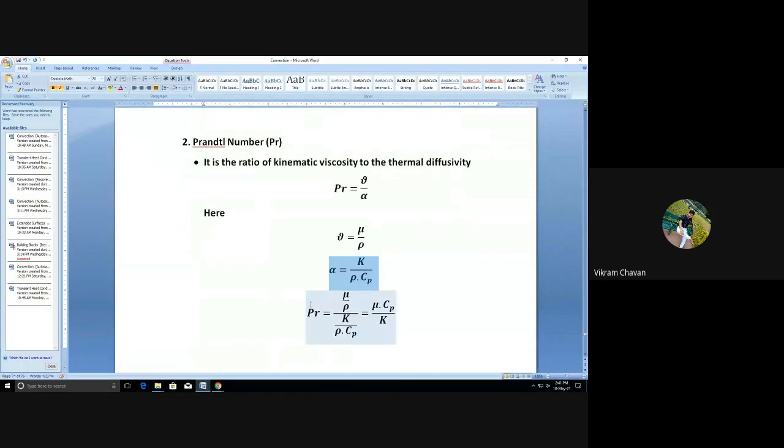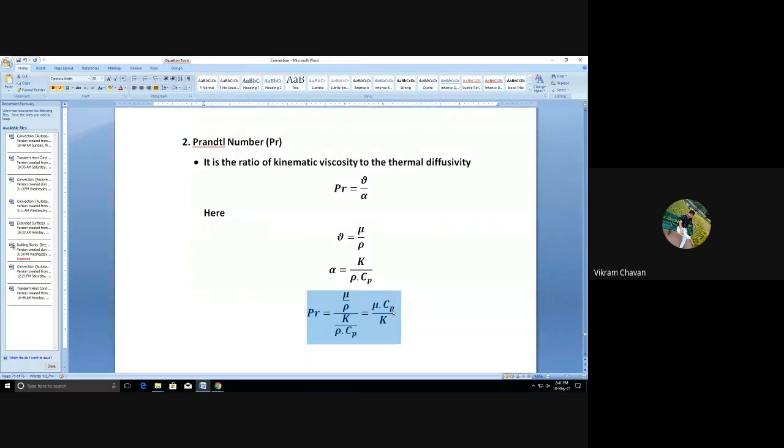Okay, so for the Prandtl number, put the formulas of alpha and nu in the Prandtl number formula. So mu divided by rho, divided by the whole K divided by rho multiplied by Cp.